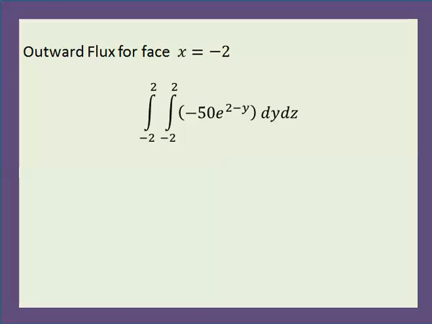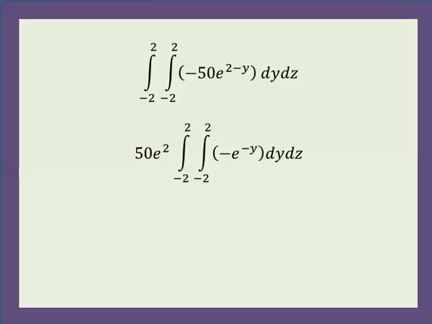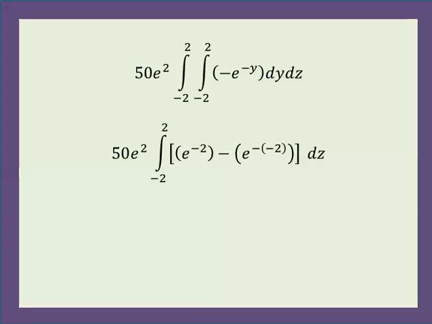What about the face x equals -2? Let's find that outward flux. Again, in this case, I pull out 50e to the 2. And then I integrate and evaluate with respect to y, and then integrate and evaluate with respect to z. And this time I have 200 times 1 minus e to the positive 4.